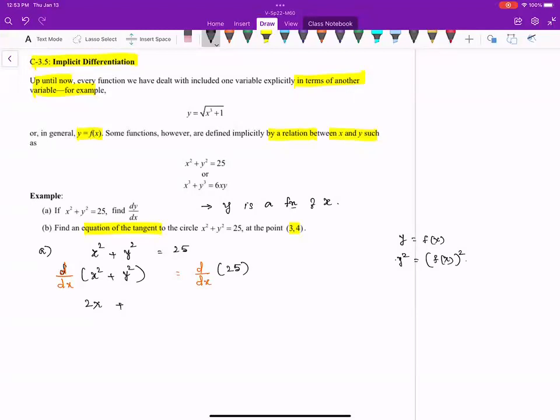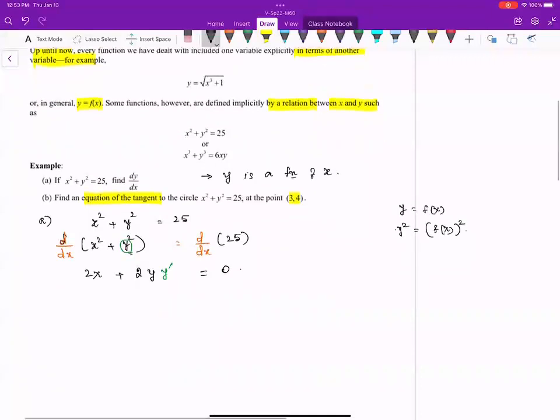In which case you will use the chain rule, right? So it is outer derivative times inner derivative. The outer derivative is the derivative of y square, which is 2y, but the inner derivative is the derivative of y, where y is a function of x, which is f prime of x or y prime. The right side is the derivative of a constant, which is equal to 0.